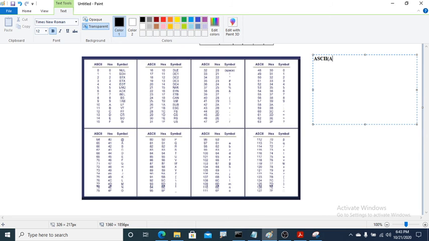So this is the abbreviation for it: American Standard Code for Information Interchange. This is the ASCII abbreviation.